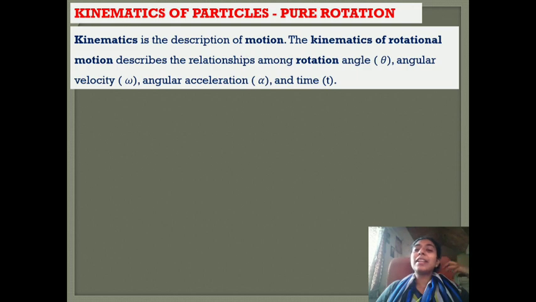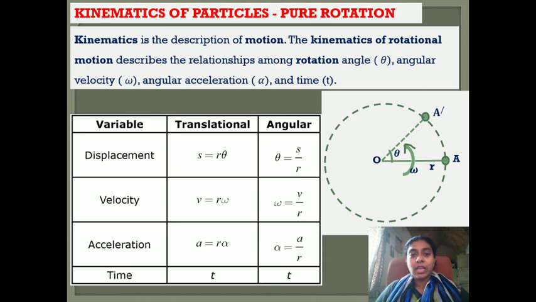So the kinematics of rotational motion describes the relationship among rotation angle, angular velocity, angular acceleration and time. Rotation angle is nothing but angular displacement. Now we recall the diagram.